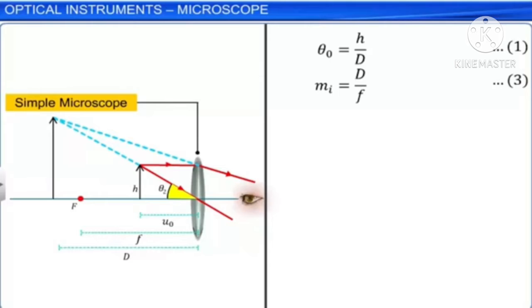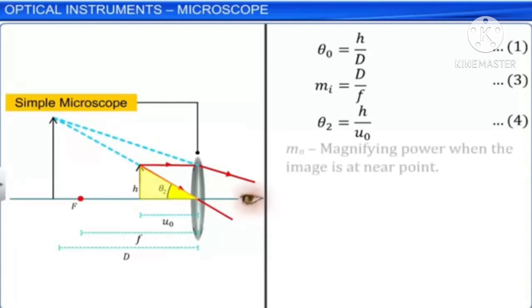If M_n is the angular magnification of the simple microscope when the image is formed at the near point, then M_n is equal to theta 2 by theta naught. On substituting the values of theta 2 and theta naught from equations 4 and 1, and on further simplification, we get M_n is equal to D by u0. Let this be equation 5.